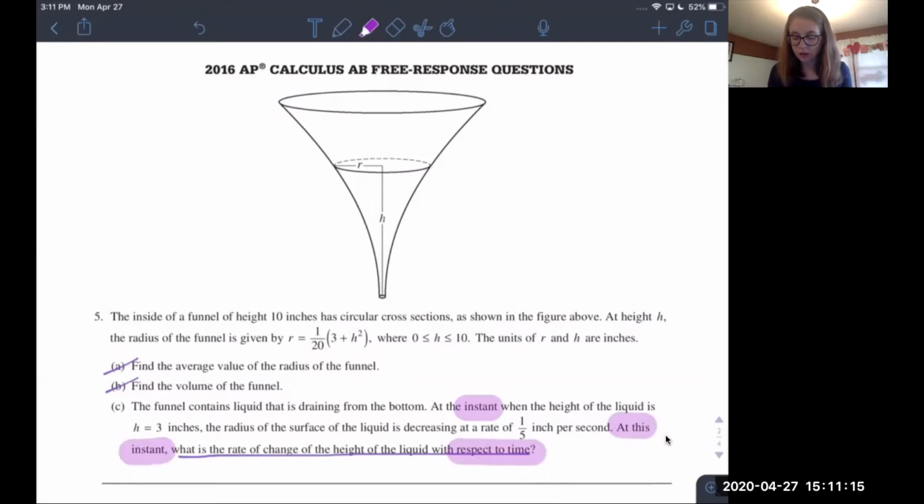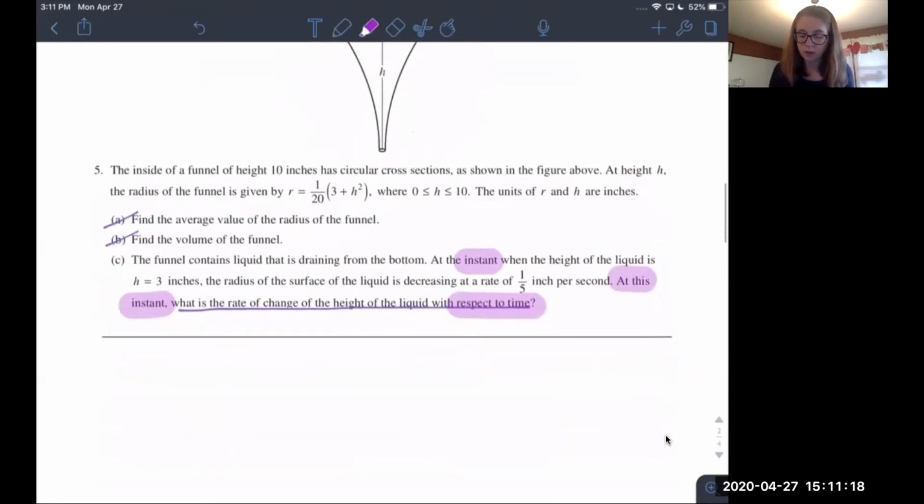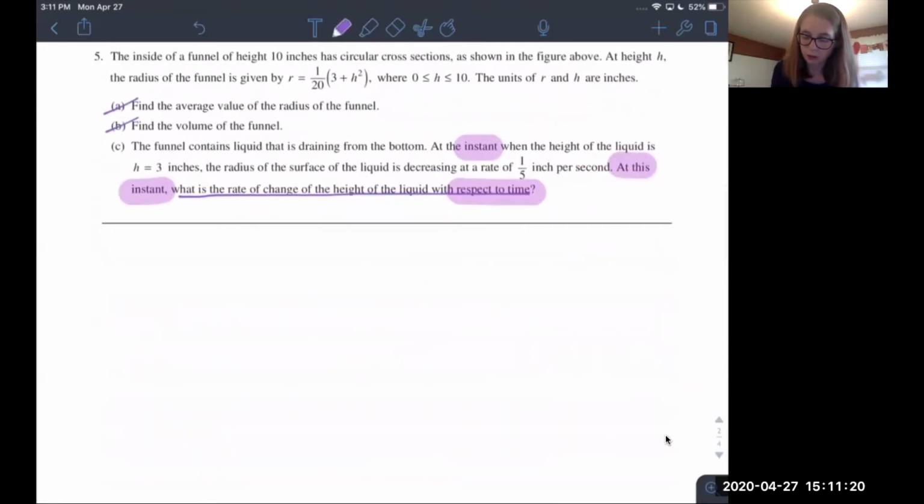Since they're asking for the rate of change of the height with respect to time, that is dh dt. So they're looking for dh dt here. And the big thing to realize is you also have some information about h. In the problem, they tell you that h equals 3.